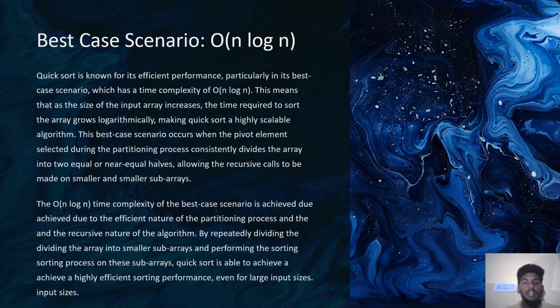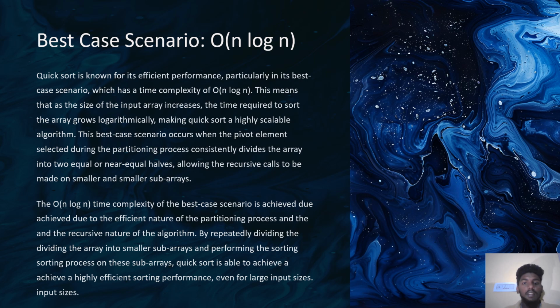Best case scenario: O(n log n). Quicksort is known for its efficient performance, particularly in its best case scenario, which has a time complexity of O(n log n). This means that as the size of the input array increases, the time required to sort the array grows logarithmically, making Quicksort a highly scalable algorithm.